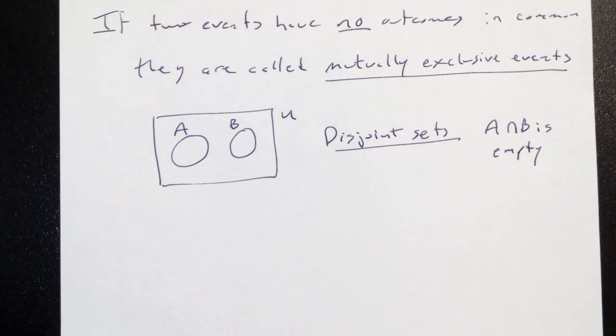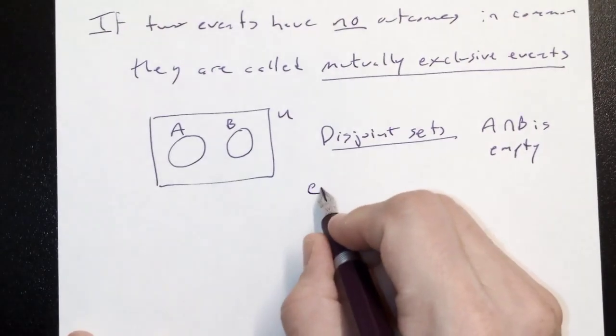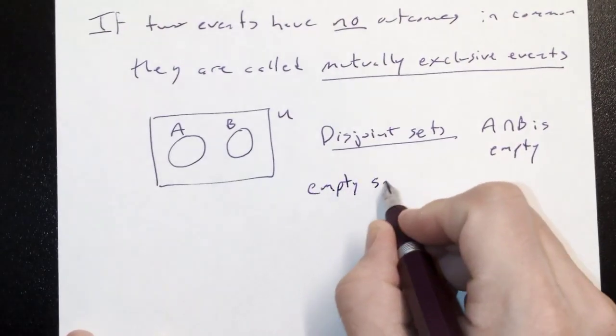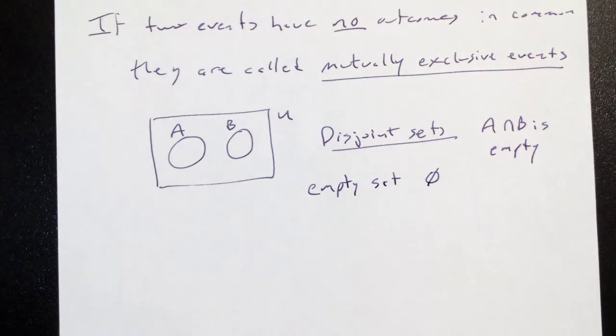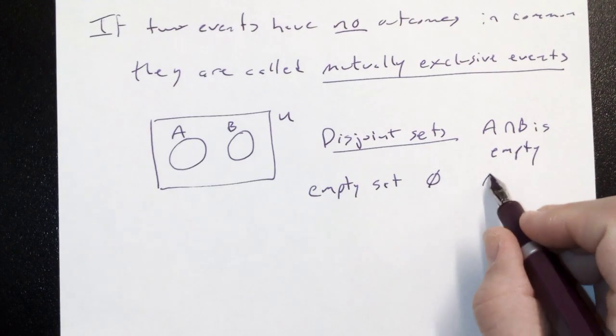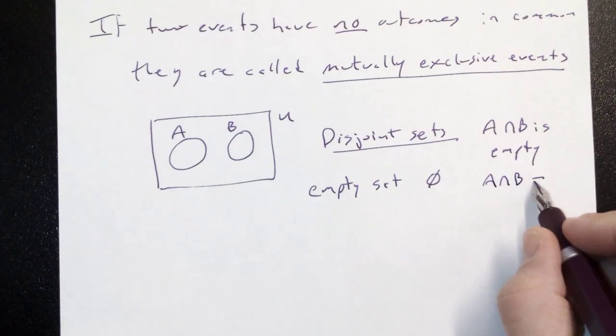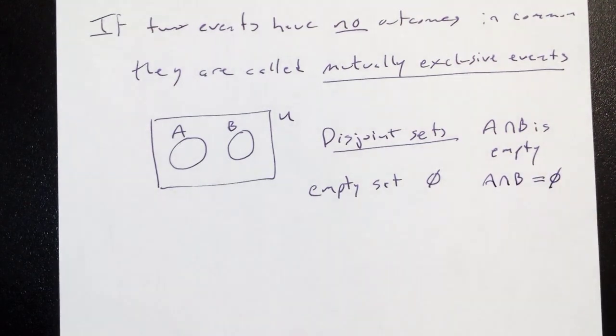We have a symbol for the empty set. It's kind of like a Norwegian letter or a Greek lowercase letter phi. A lot of computer science people get really upset because they're told to write their zeros this way to differentiate between an O and a zero. That's our symbol for an empty set. So when I write this sentence, I can write A intersect B is an empty set.